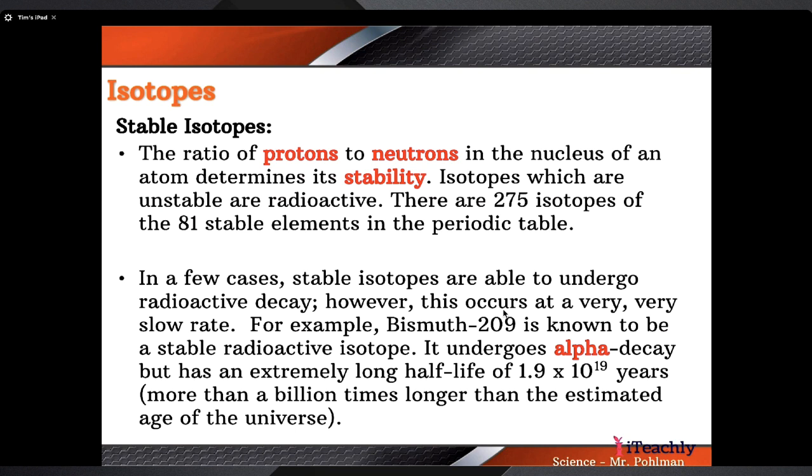So when we are looking at atoms with a certain number of protons and neutrons, we've got to have the right blend of them in order to produce a stable atom, right? If you have too many neutrons, it might increase the instability of that atom. If you decrease the number of neutrons, again, you might decrease the stability of that atom.